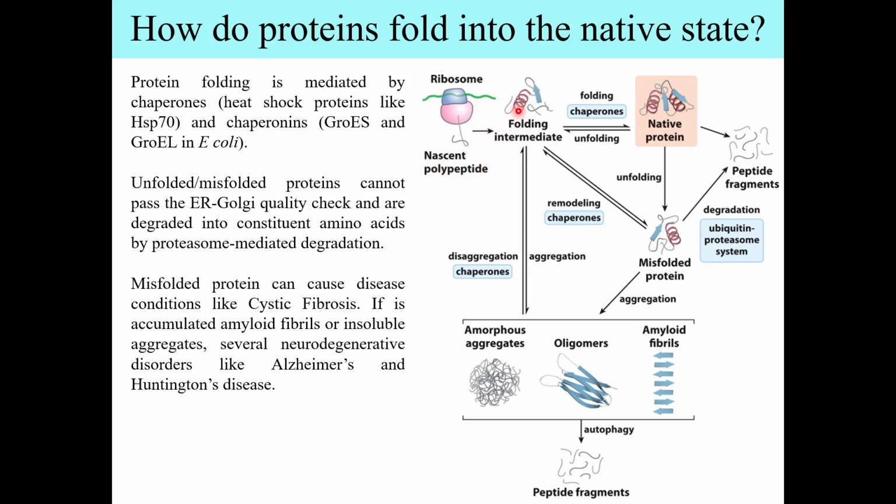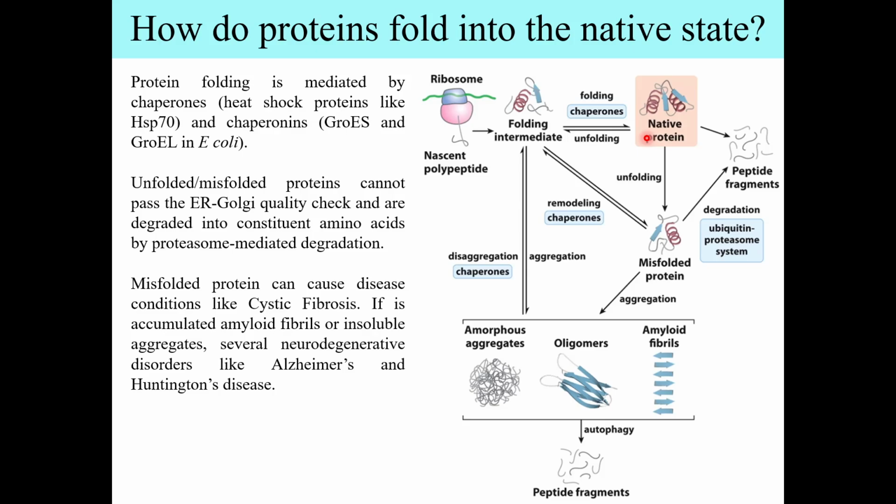So then it undergoes folding into an intermediate form. So from this intermediate form, there are different helper proteins which are called the chaperones and chaperonins. So these proteins help in folding this intermediate into the native state, right, into the native functional protein.